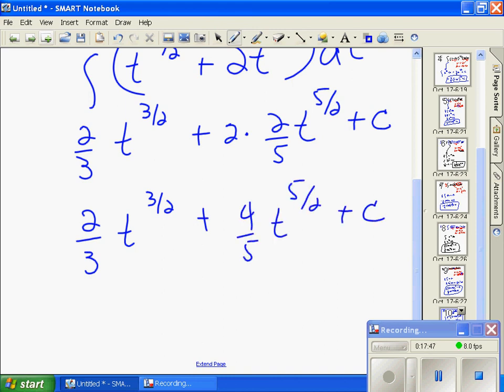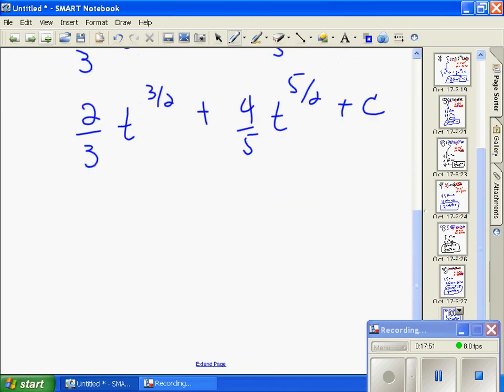Another one would be to factor out your greatest common factor. My greatest common factor would be, okay, we got to think about this. Common denominator here would be 15. This is the same as 4 out of 15. No, it's not. This is the same as 10 out of 15. And this is 12 out of 15.